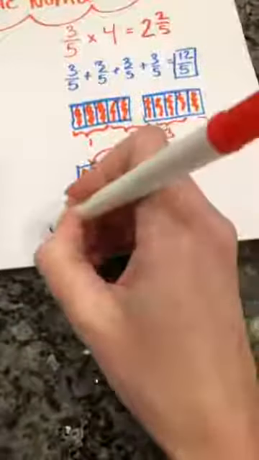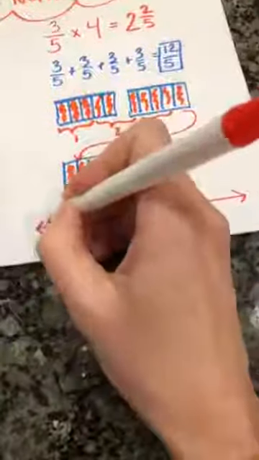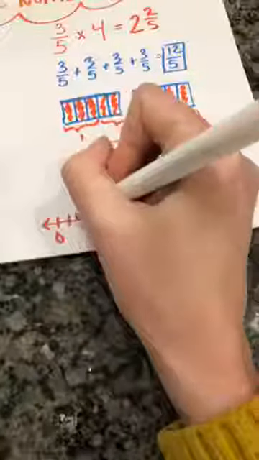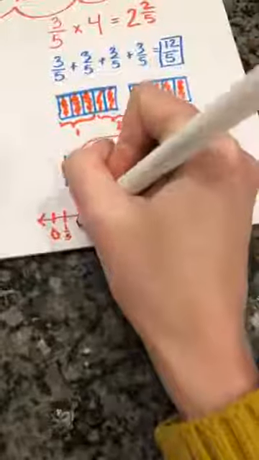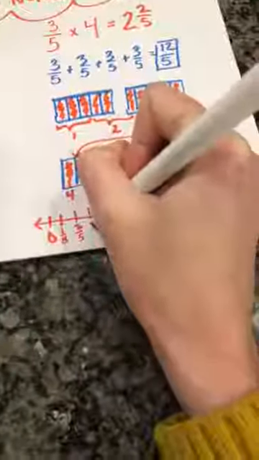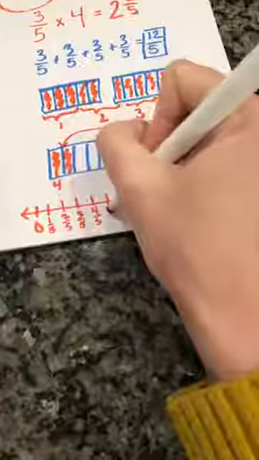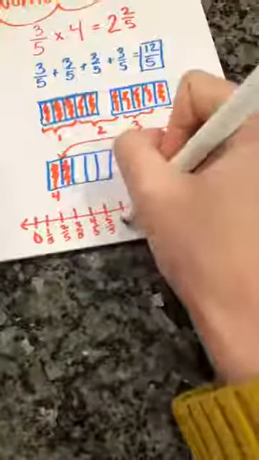Likewise, we can do this on a number line. So you're going to partition the number line into fifths. And what I really like to do is just get the kids to at least go to the number 3. So 1/5. And I always have them label so that they know exactly what they're doing.